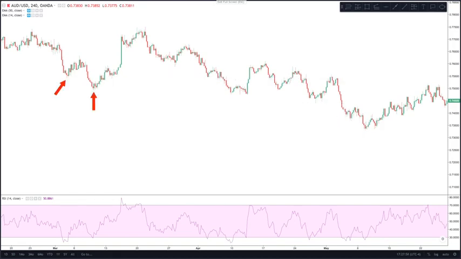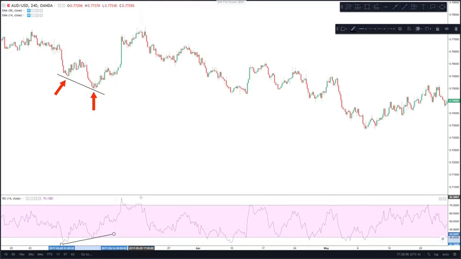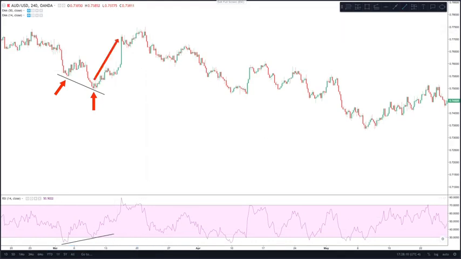At these 2 points here, price is making a lower low, where on the indicator, price is making a higher low. And then as you can see, price reverses upwards. At the top here, price is making a higher high, where on the indicator, price is making a lower high, and it reverses downwards.